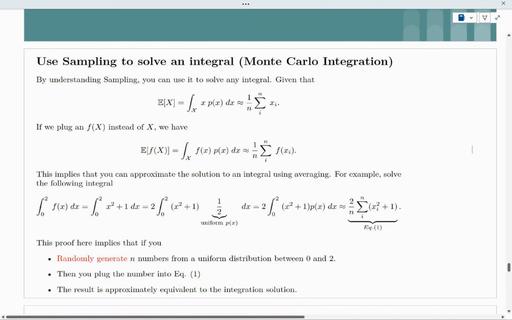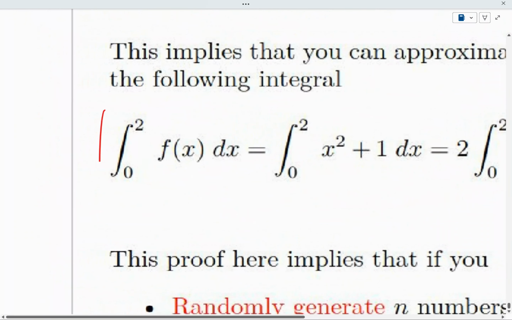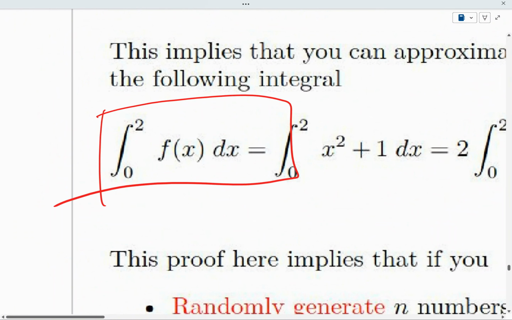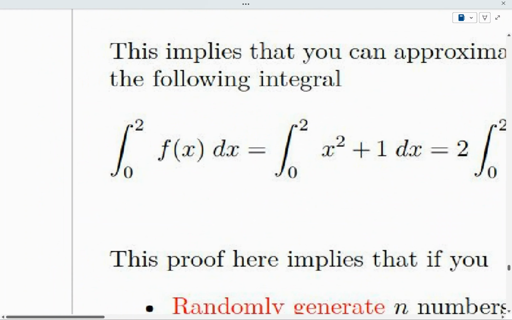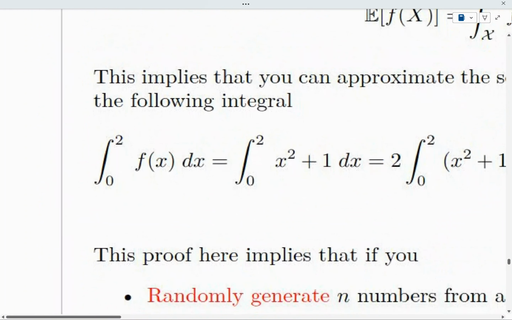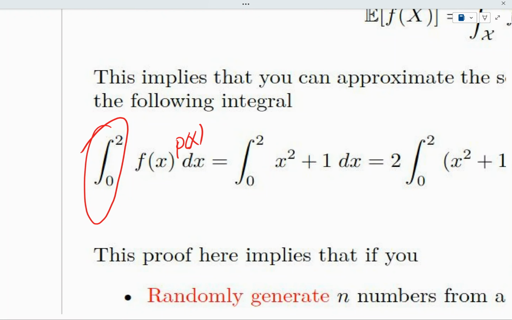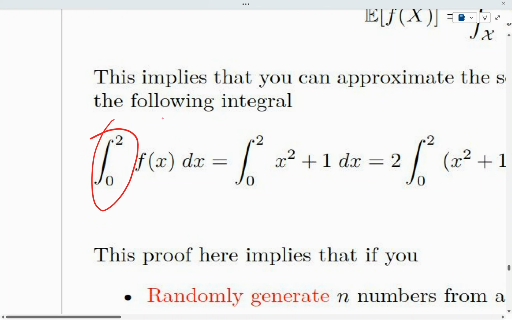So here's an example. We're trying to solve the integral between 0 and 2. So ideally we want to generate samples. We don't have a p of x, right? But we want to generate samples between 0 and 2.